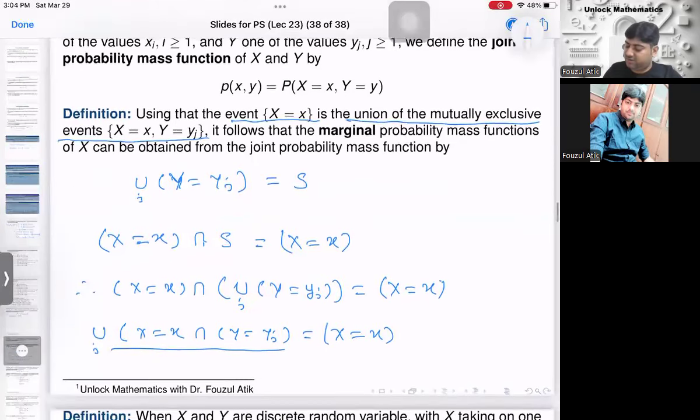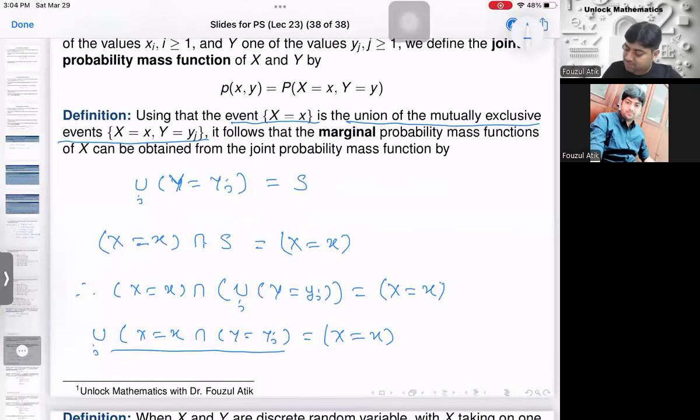And then how to get the probability of it? Therefore the probability of this is P of X equal to x, which is the marginal probability mass function of X. We denote it by small p of x, which is X is equal to x. And that one I can write as the probability of the union of these events. But these are all mutually exclusive events.